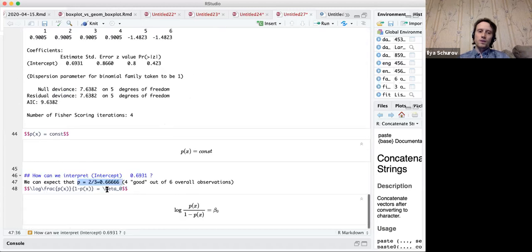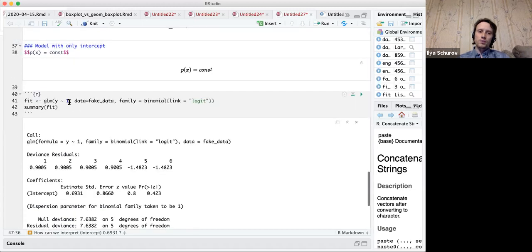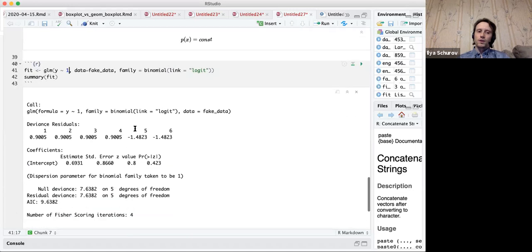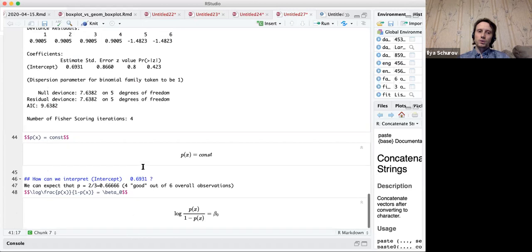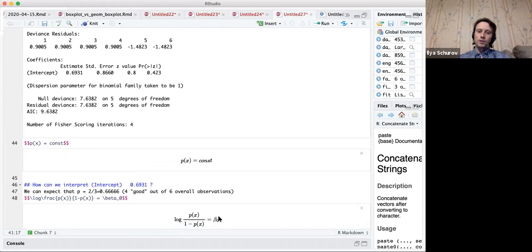And now we fit a simple model where we don't have dependency on x at all. So the output of this model is simpler, and I want you to relate this beta naught in this formula with something in this table.